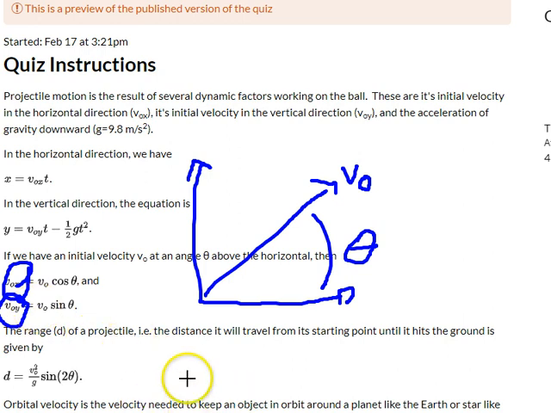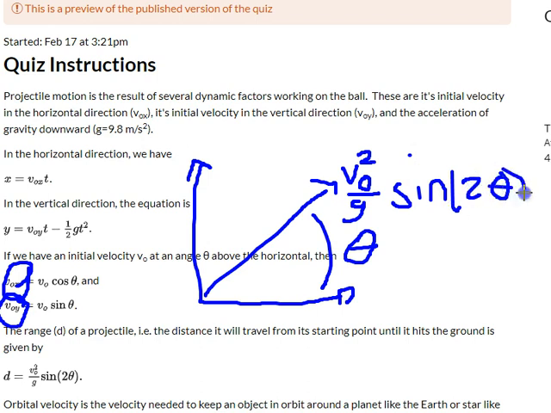And with this equation down here, I can actually tell you how far it's going to go, because our range d is v naught squared divided by the acceleration of gravity g, times the sine of twice this angle, sine of 2 theta, right? So v naught squared over g, sine of 2 theta, gives us the range of the object we're throwing, right?